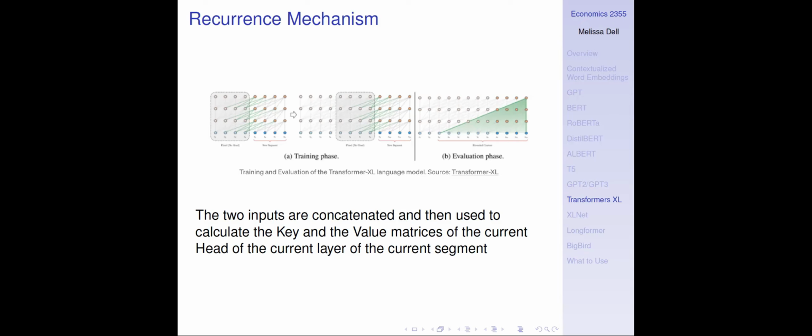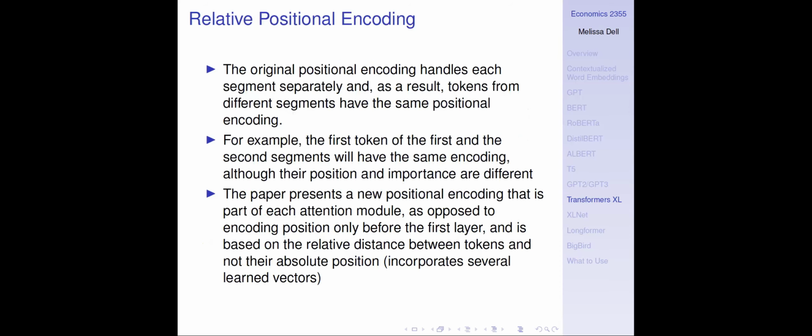These two inputs are concatenated and used to calculate the key and value matrices of the current head for the current layer for the current segment. This allows a given segment of text being processed to pay attention to the hidden state from the previous layer, creating longer term dependencies.